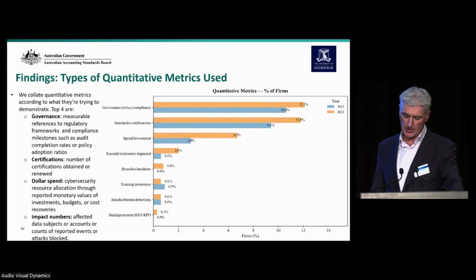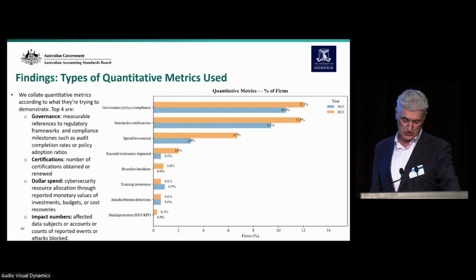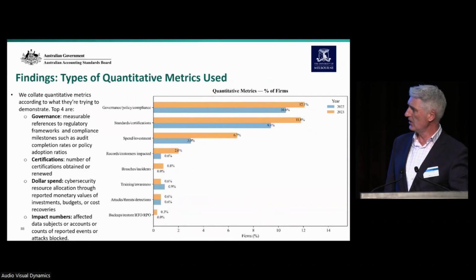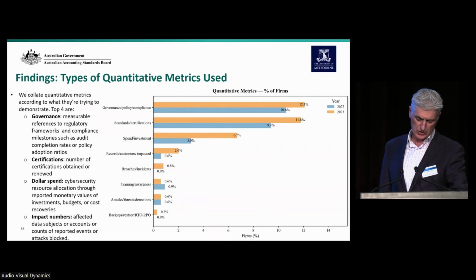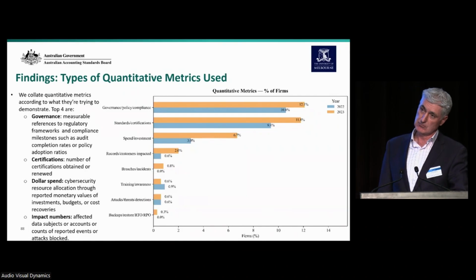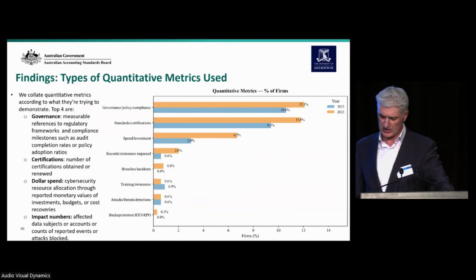So measurable references related to regulatory frameworks, including, say, the fines imposed by potential breaching of EU GDPR, and compliance milestones such as audit completion rates or policy adoption rates. That was the most common type of quantitative metric provided.